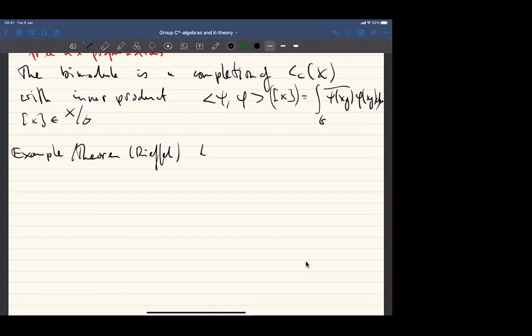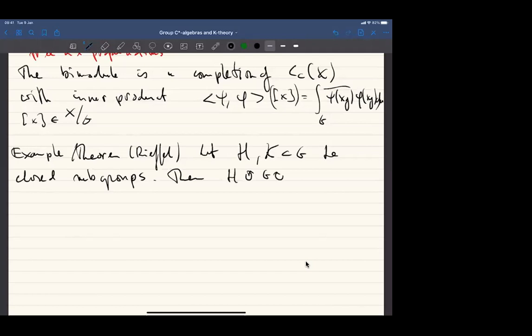So let H and K be closed subgroups of a locally compact group G. Then we view one of them as acting from the left and the other as acting from the right. So these are commuting actions.